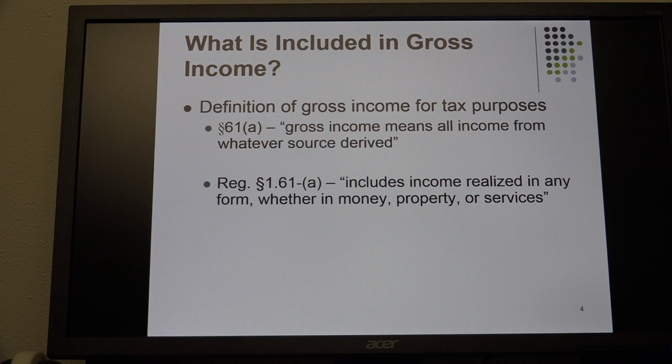Makes it a lot easier when that happens because the parties, assuming they're dealing from an arm's length standpoint, are going to determine the value of the items that they're exchanging and transact accordingly.